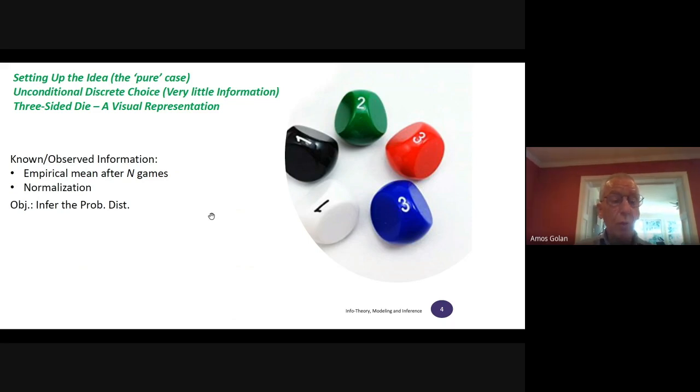So what is the observed information that we have? We have the empirical mean. We don't know the frequencies. We just have the mean and the normalization. So we have two pieces of information. We want to infer the probability distribution, the probability of observing 1, 2, or 3. So we have three unknowns and two pieces of information, so we know that we have multiple solutions.